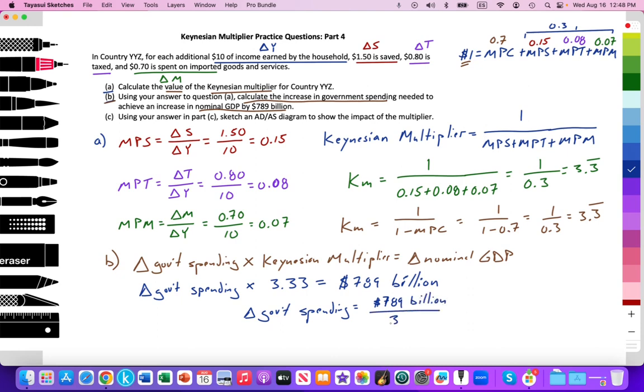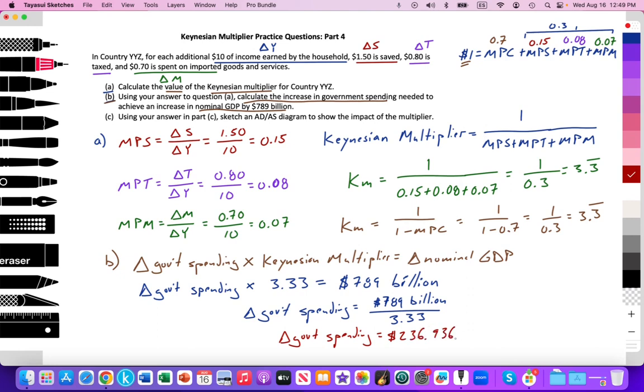divided by the multiplier, in this case just 3.33, and that's going to give us a final answer of the change in government spending needed being equal to 236.936, and there are some other values there, but we're going to round to the second decimal, 236.94 billion dollars.